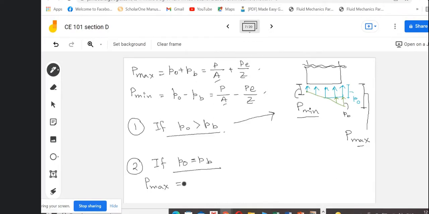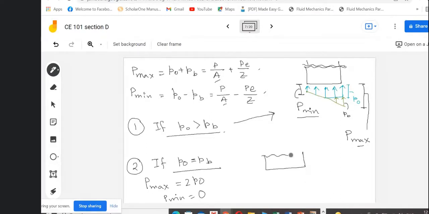What will be the value of P max? P max is 2 times P naught, and P minimum is always 0. How will we draw that portion?